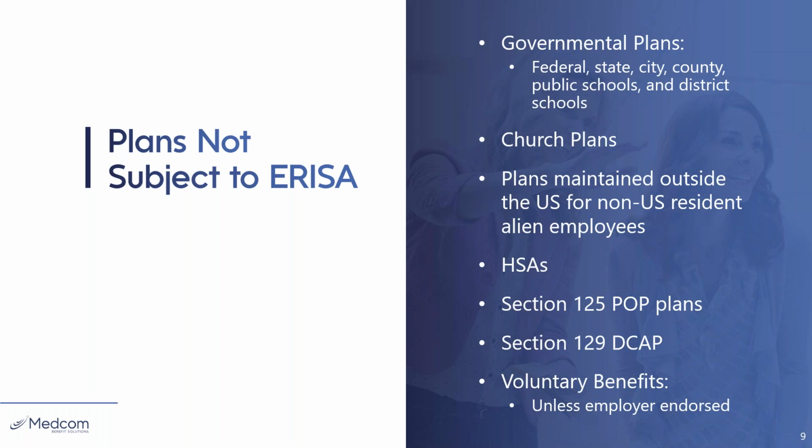If any of these lines of coverage are employer endorsed, we should proceed with deeming them subject to ERISA. But we can go further into a voluntary benefit exception on a case-by-case basis when evaluating 5500 lines of coverage that are subject to being filed on a 5500, whether or not they're subject to ERISA. But these are things to keep in mind, the voluntary benefit exception.